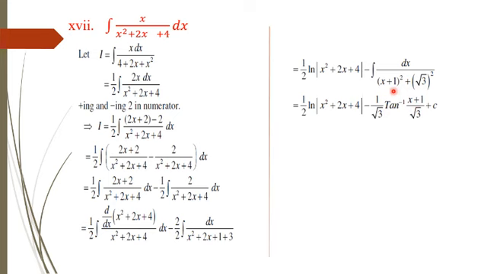In our case, x is x plus 1 and a is square root of 3. So our answer is 1 over square root of 3 tan inverse of x plus 1 over square root of 3 plus c, which is our final answer.